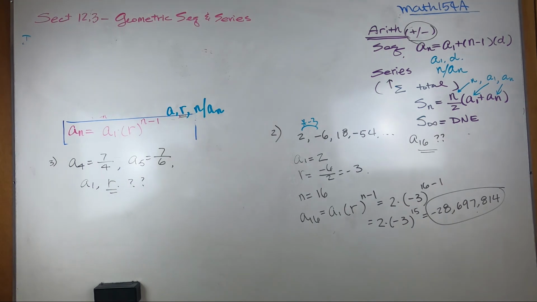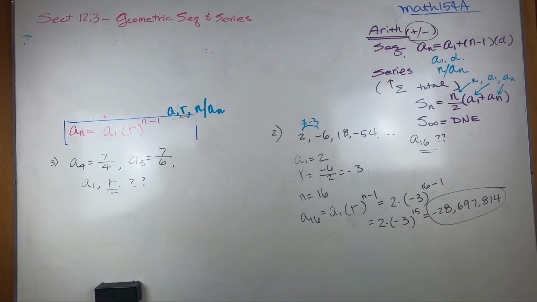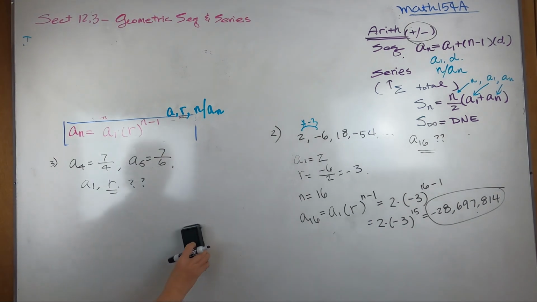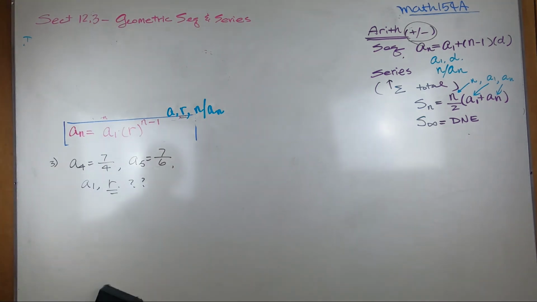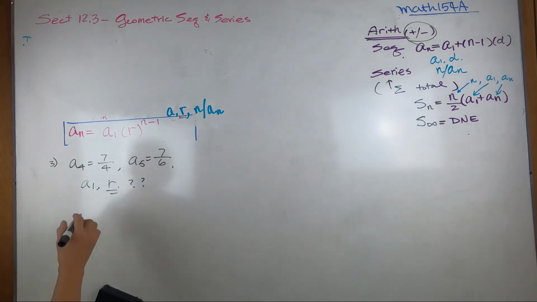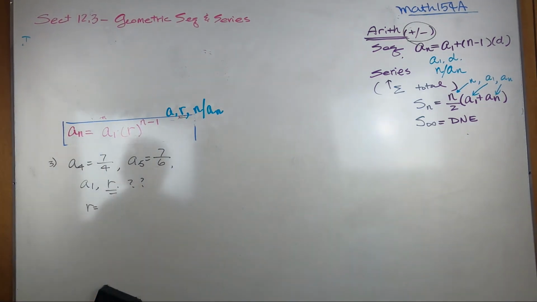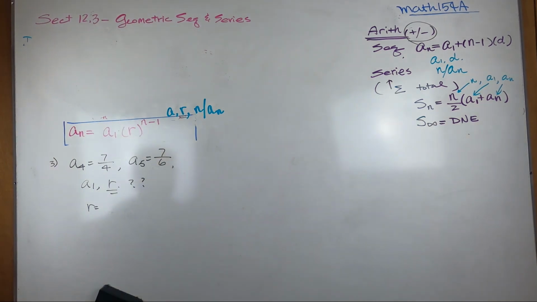So how can we find A1 and R first before we can move on, right? So how can we do it? Then we say R is what? The following term divided by the previous one, the one ahead of it.